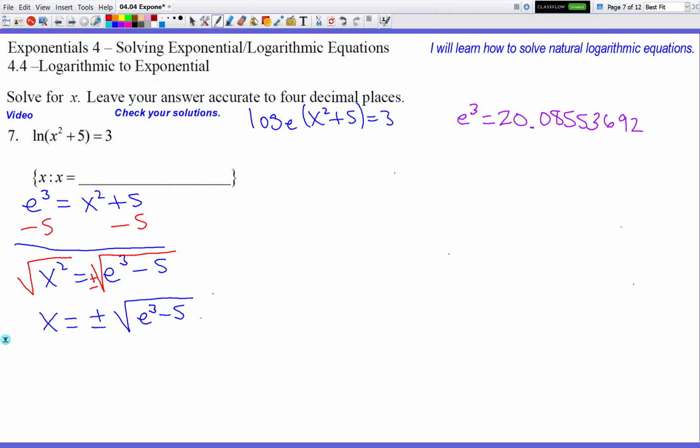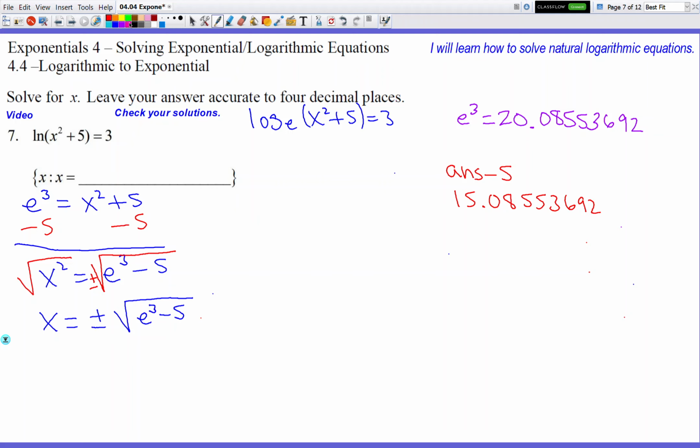Okay, so don't clear this number from the screen. Do not do that. So subtract 5, so hit the minus sign and put minus 5. So now you're going to have this on your screen. You're going to have A, N, S, answer, minus 5. Okay, and when you hit enter, you're going to get 15.08553692. Okay, so that's what you're going to get next.